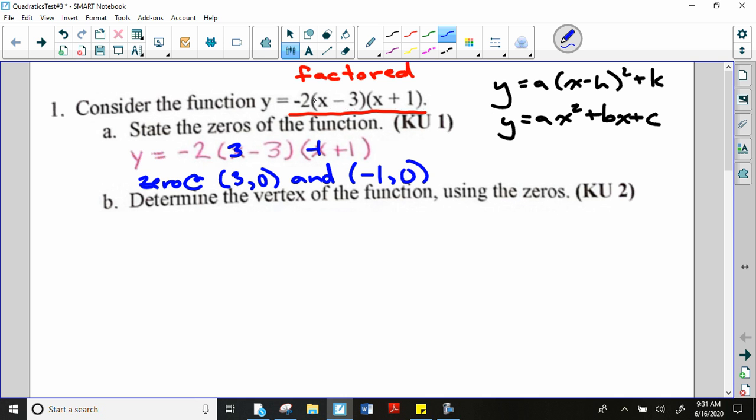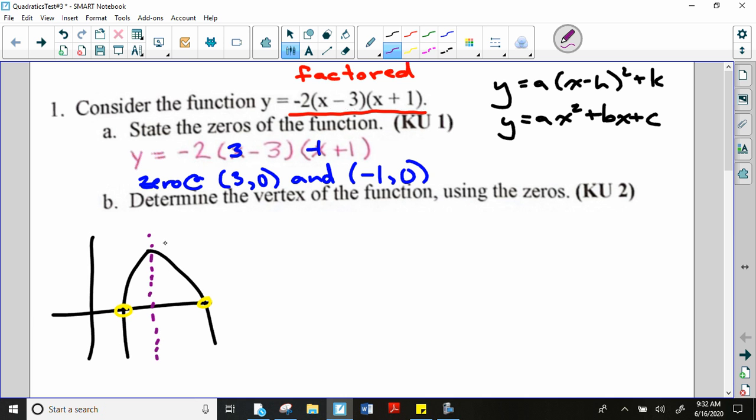Determine the vertex of the function using the zeros. So the vertex of a parabola happens right in between the two zeros. What do I mean? Well, we're going to draw a really horrible graph, and you're going to humor me and pretend that this is symmetric.